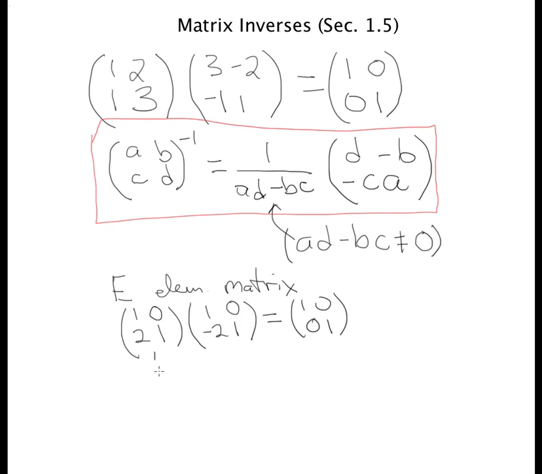That is to say, if this is E, then E inverse is the same matrix with the 2 changed to a minus 2. And in general, that's how you compute the inverse of an elementary matrix. An elementary matrix has a single number k somewhere, and the inverse of that matrix is the same matrix, except you change that k to a minus k.